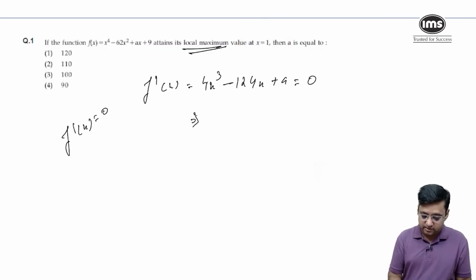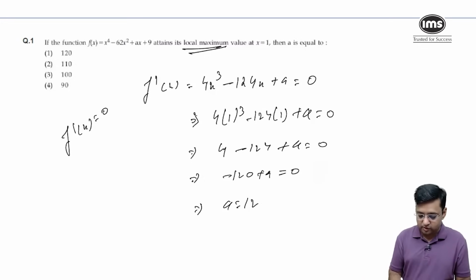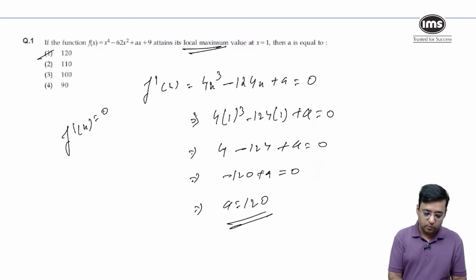So this becomes 4(1)^3 minus 124(1) plus a equals 0. This becomes 4 minus 124 plus a equals 0, which becomes minus 120 plus a equals 0, and a equals 120. So in this way we got the first answer, which is option 1.